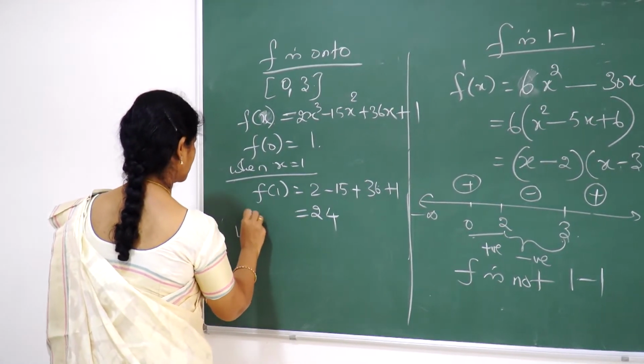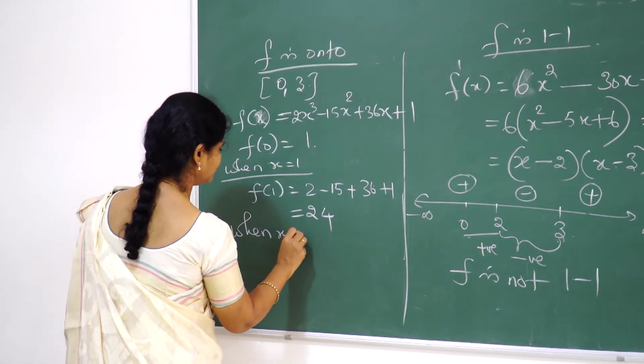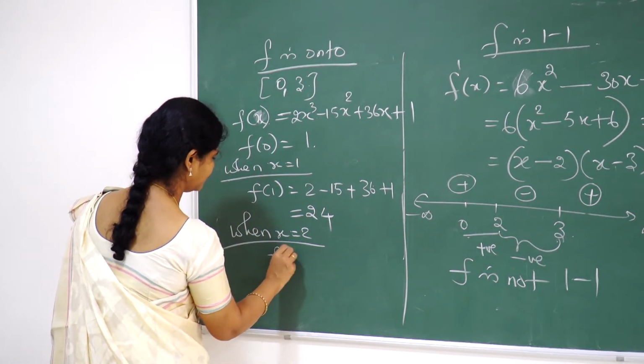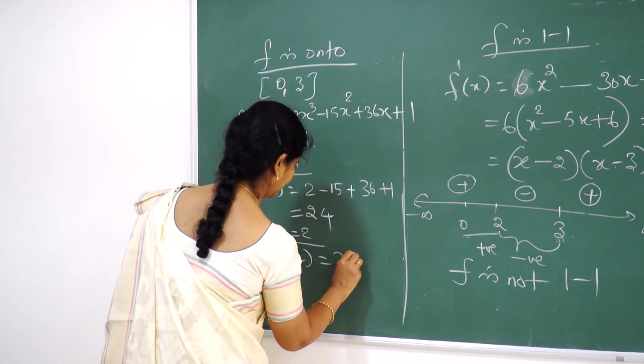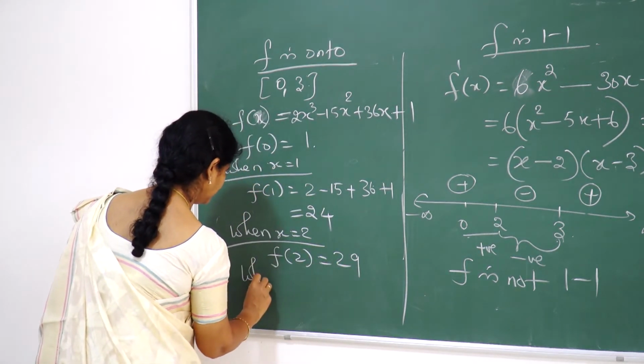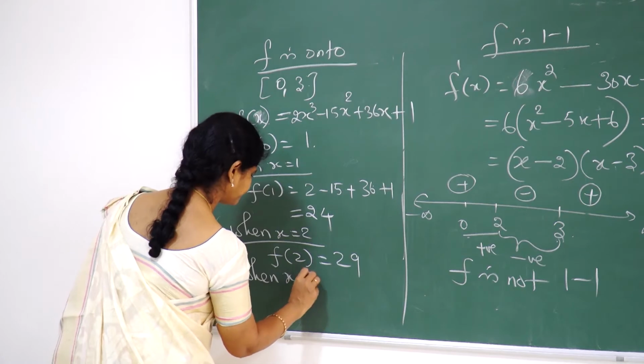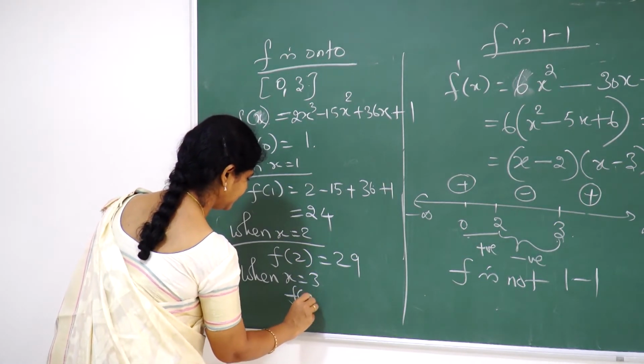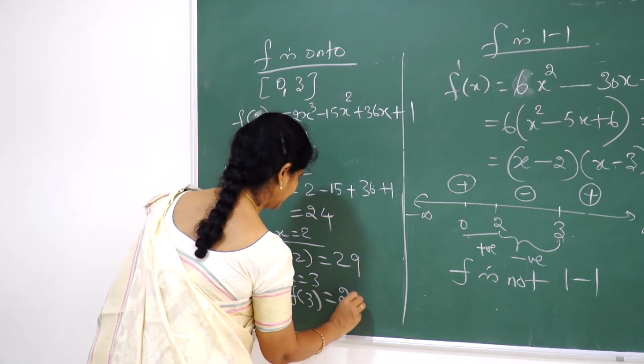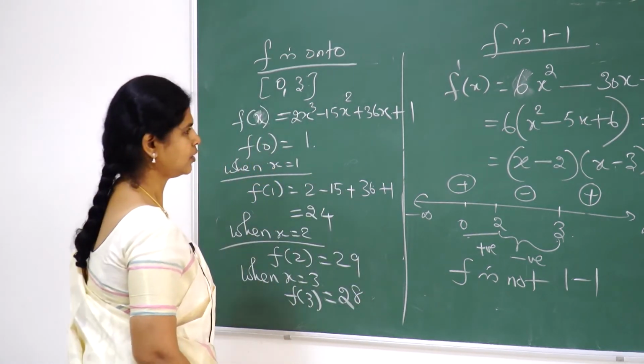Similarly when you substitute x equal to 2, check the answer, f of 2 equal to 29, and when x equal to 3, f of 3 equal to 28.